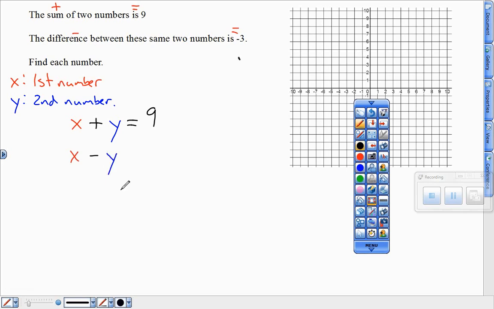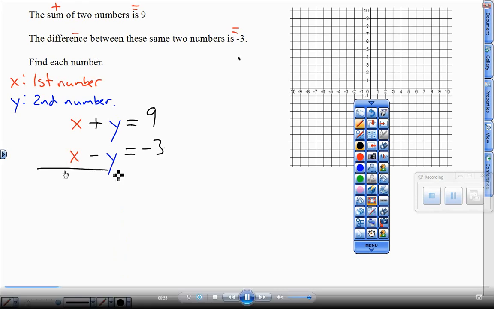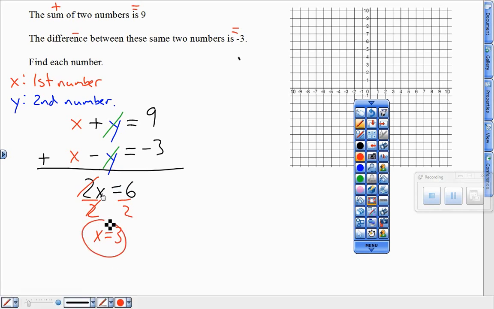So this one would be x minus y equals -3. The easiest way to solve this system of equations for x and y is to eliminate: stack them as is, and add straight down. If one of the variables is opposite and cancels away, that will leave you just solving for the one variable that's left. So 2x equals 6 from those two numbers, divide by 2, gives me x equals 3.